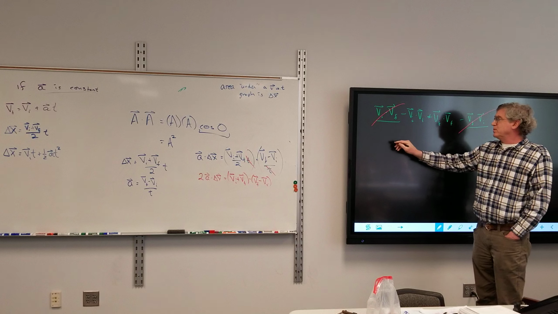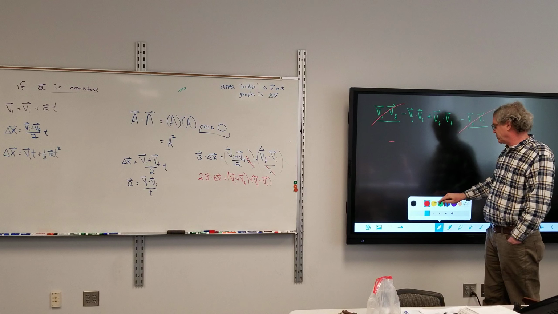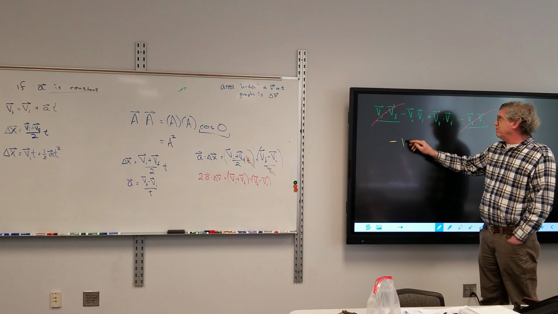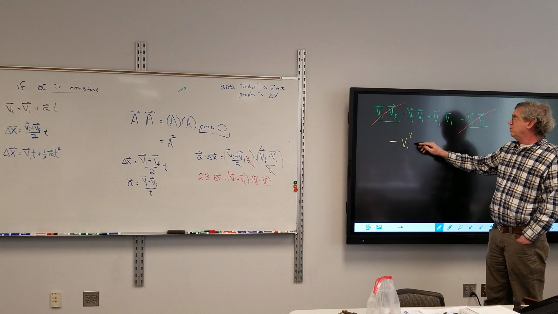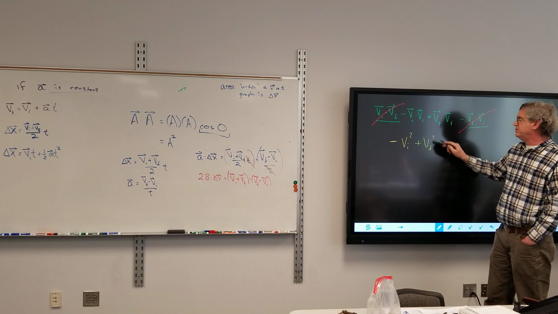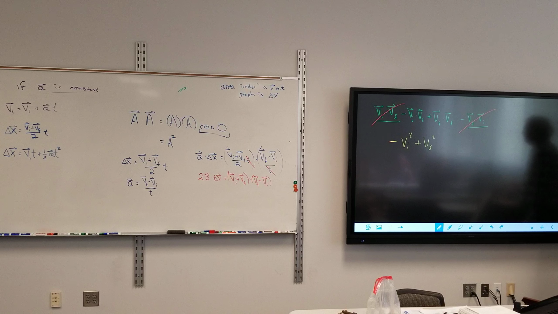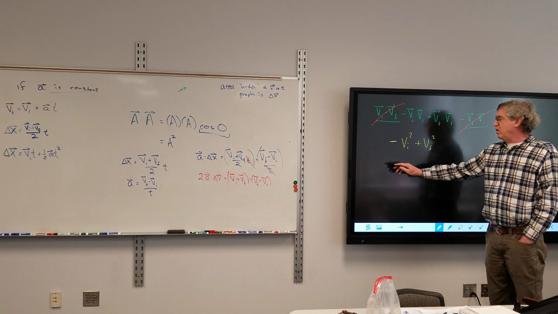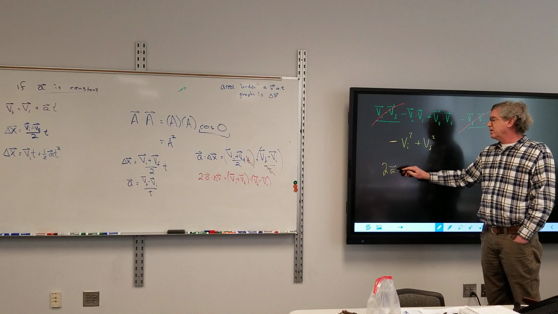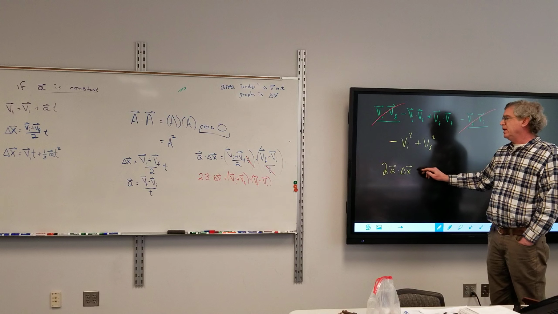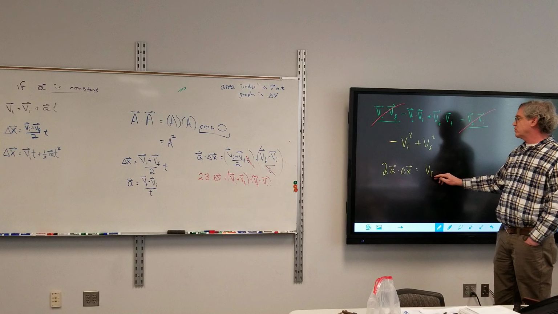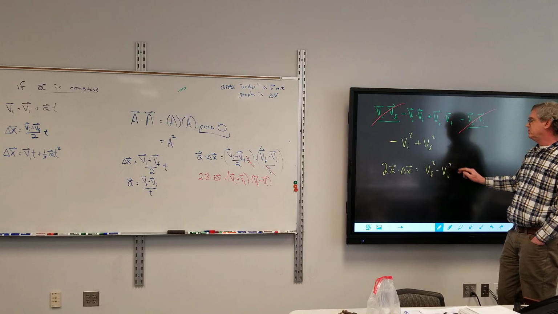So this becomes negative VI squared plus VF squared, because a dot product with itself is just the magnitude squared. So I'm now left with 2a dot delta x is equal to VF squared minus VI squared.